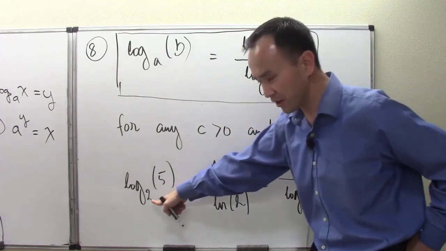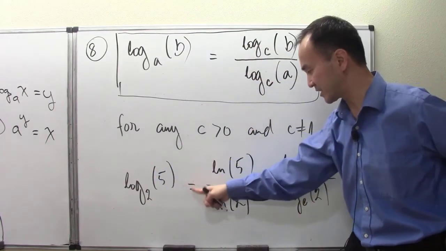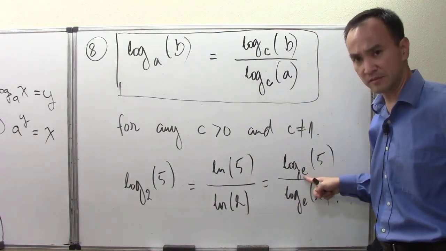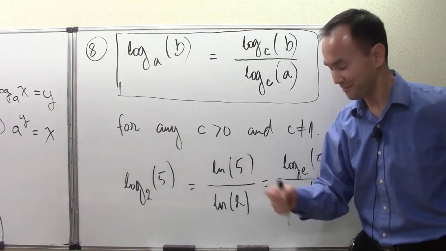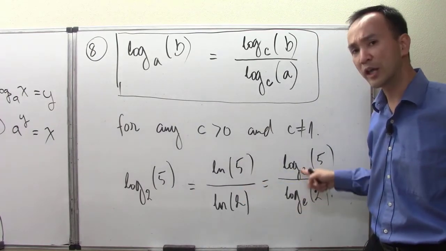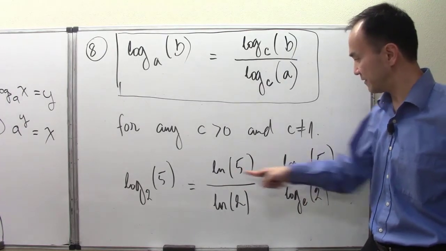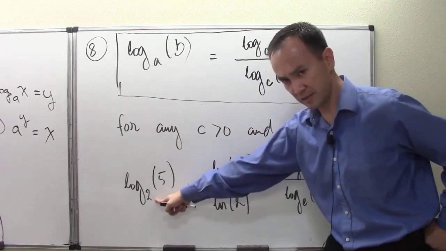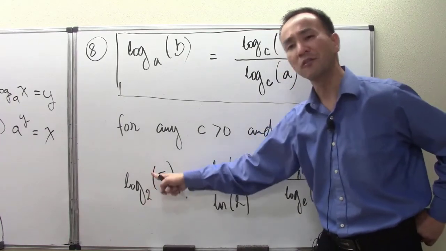We start out with base 2, and then we have our right to change that, using this formula, into a different base, as long as the different base we choose is useful for us. On the calculator, we purposely chose base e, so now it's log base e of 5, the big number, divided by log base e of 2, the base number, and this will get us the actual answer of log base 2 of 5.